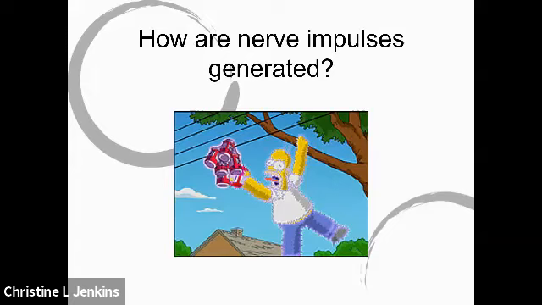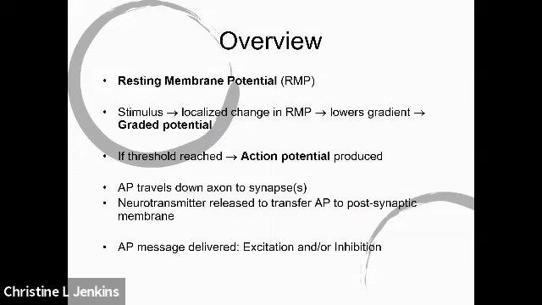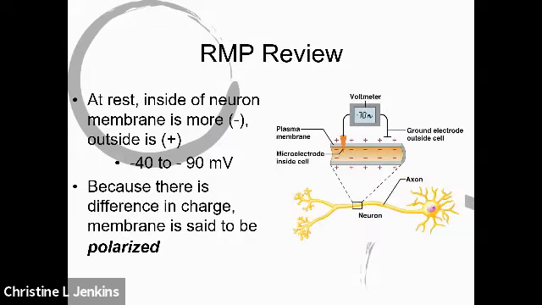So before we start a discussion on how a nerve impulse is generated, we're going to have to review that resting membrane potential. What kind of feelings does that bring back to you, everyone?